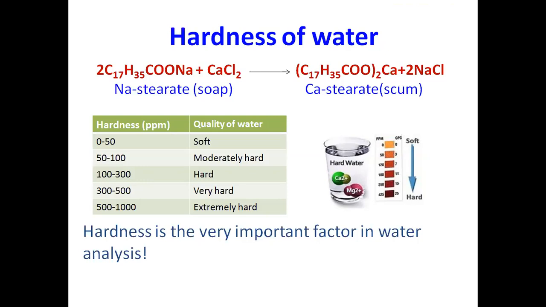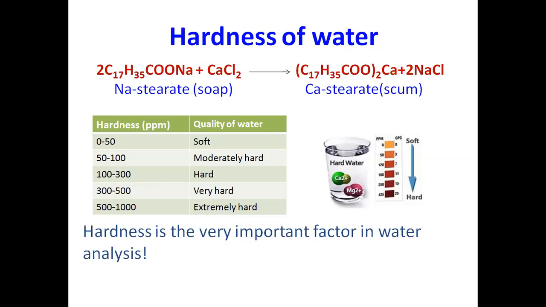We can digest it, we can drink it, we can use it for industrial application. But if the hardness is higher than 100, then the water has to be treated before it is used for industrial applications or biological purposes like drinking. So these are the various ranges.